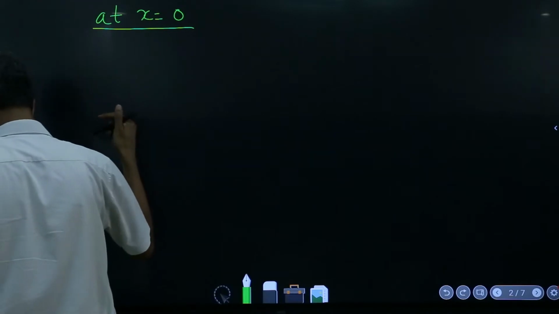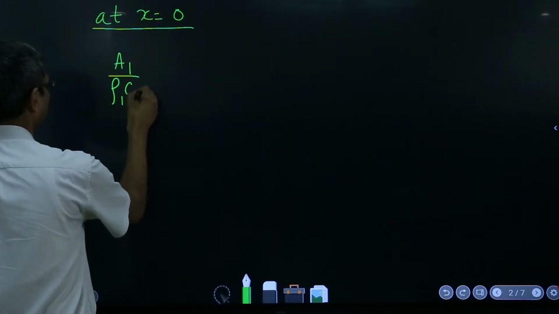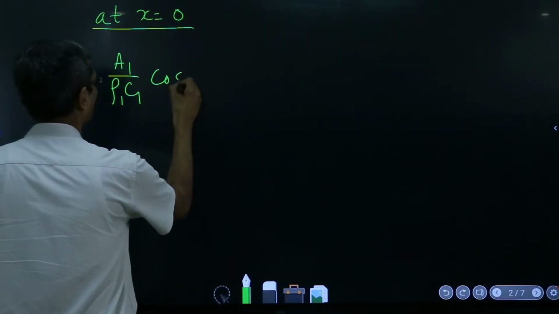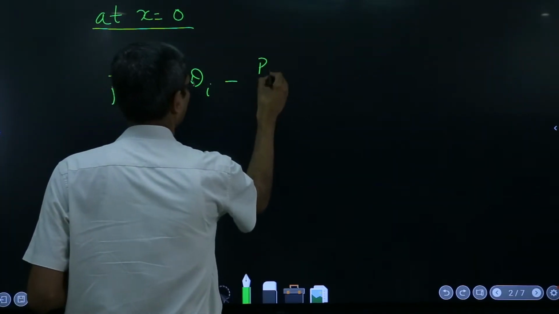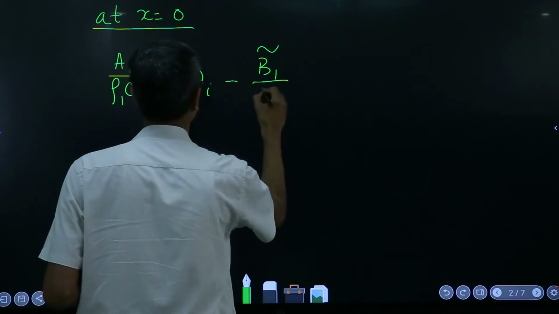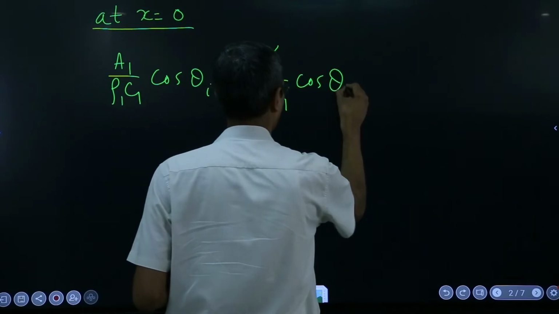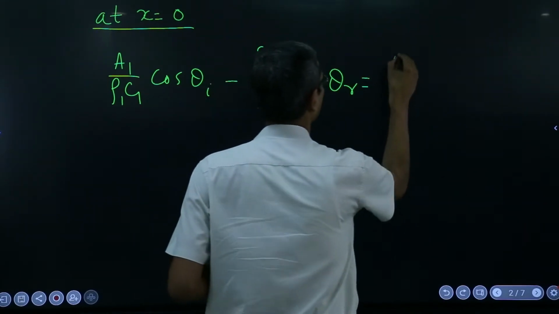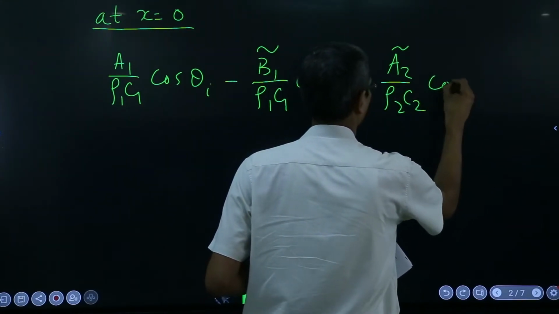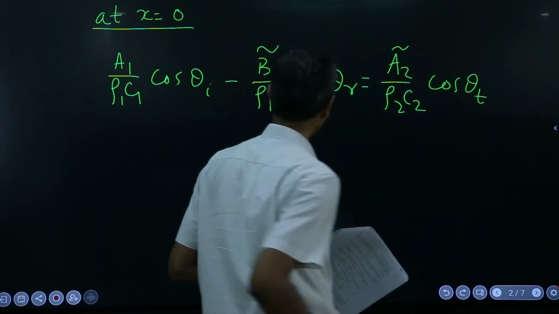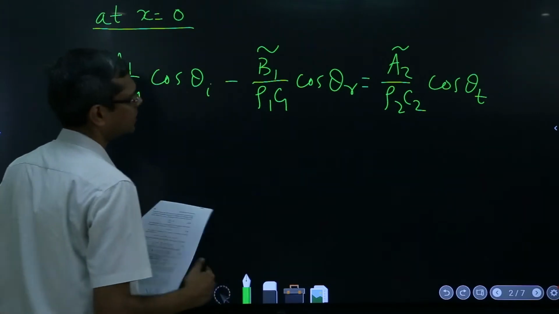So that we will write as say A1 over rho 1 C1 of cosine of theta I minus B1, which is complex, over rho 1 C1 of cosine of theta r is equal to A2, which is complex, over rho 2 C2 cosine of theta t. Okay, so this is one equation.